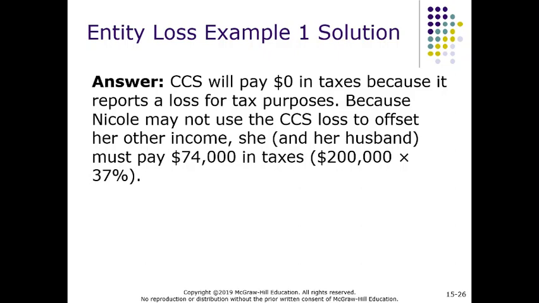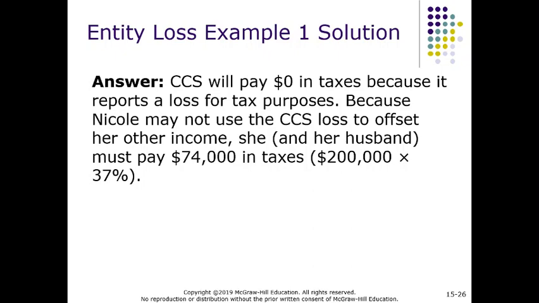So the $50,000 is considered a net operating loss. That net operating loss will sit there, can't be used by the shareholders, but it'll sit there until future years when hopefully CCS has net income to offset against the $50,000 NOL.